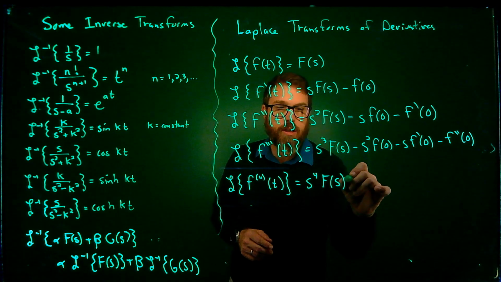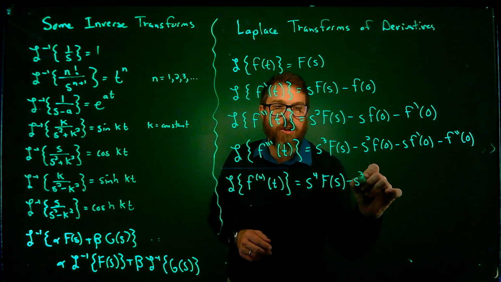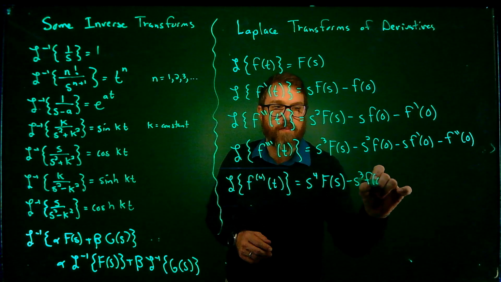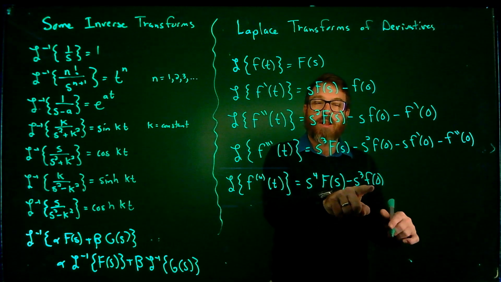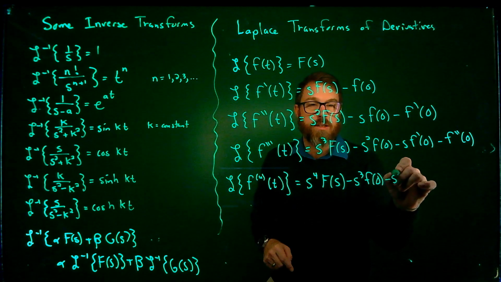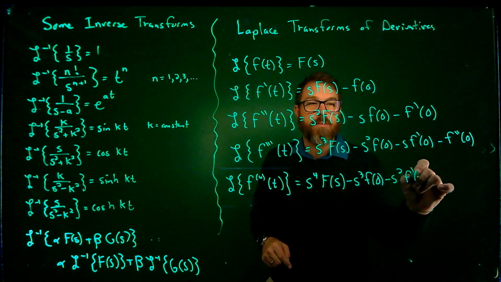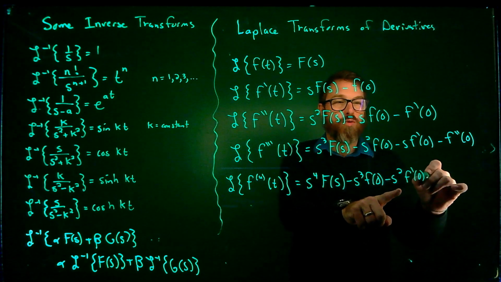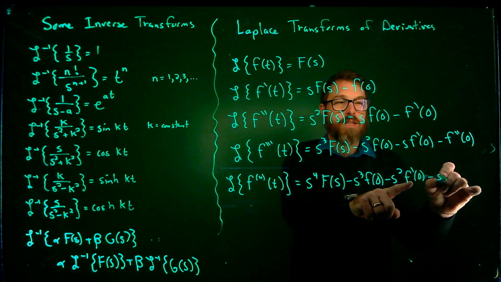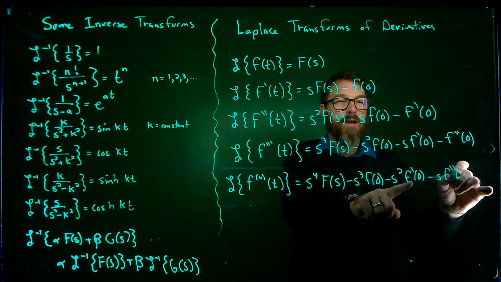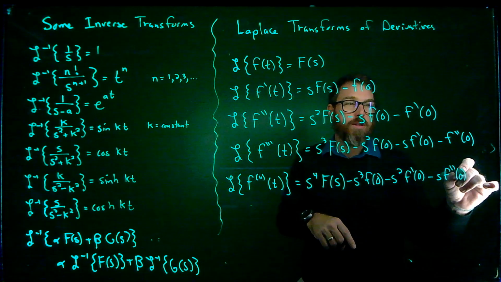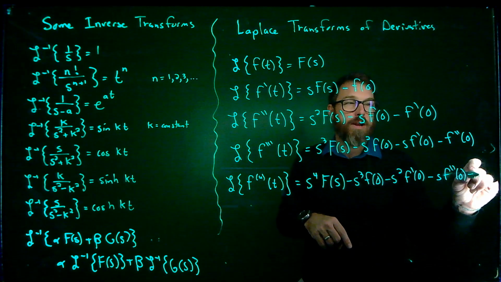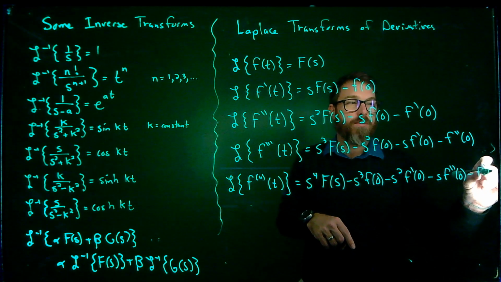So the next one is going to be minus s cubed times f of 0. So now the power is going to drop and the prime on this little f is going to increase. So then this is minus s squared times f prime of 0. Again, the power is going to drop and the prime is going to increase. So s times f double prime of 0. And finally, when you get s to the 0, that'll be 1, but the derivative is still going to increase. So minus f triple prime of 0.